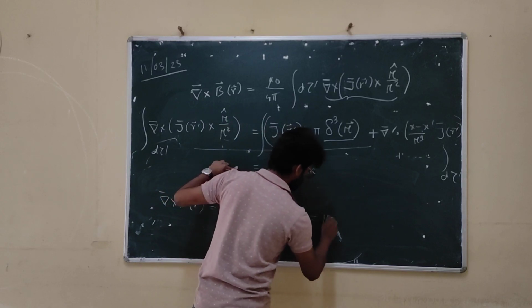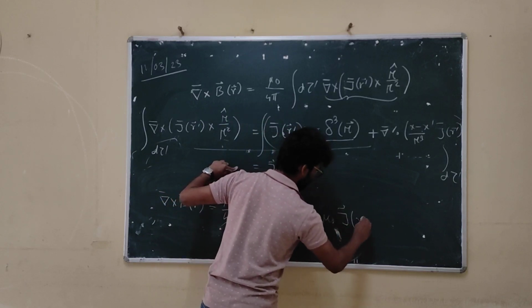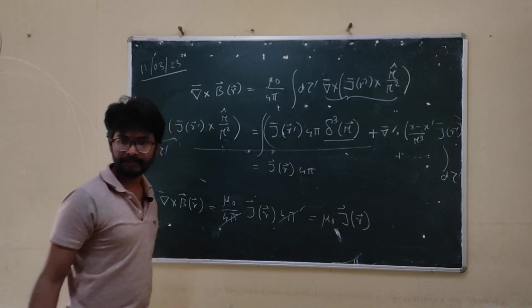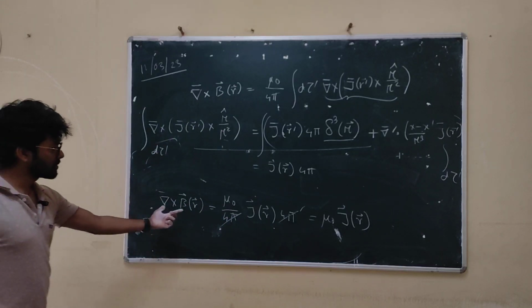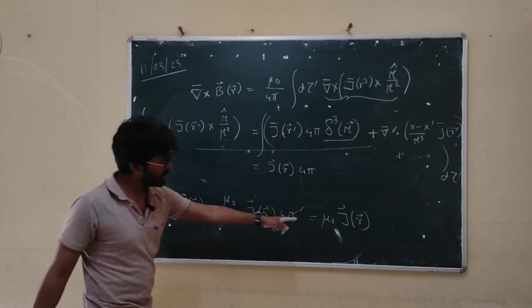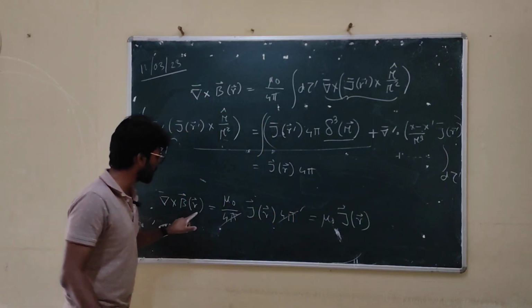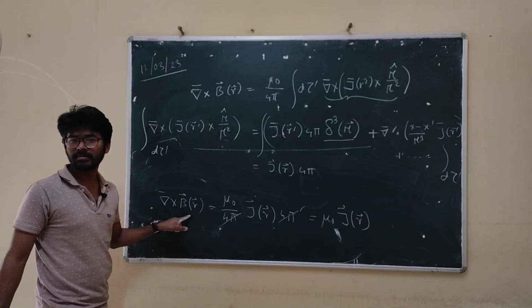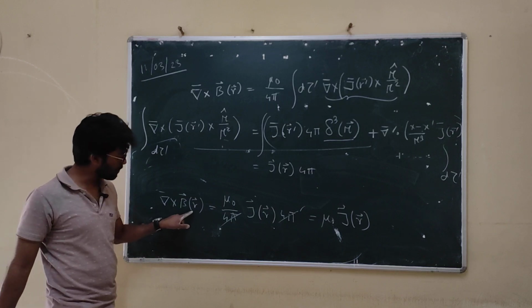So mu naught J of R. So del cross B is mu naught J. The current is at the position where you are calculating the magnetic field. Same point, R.